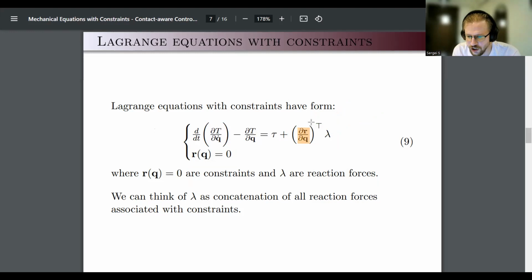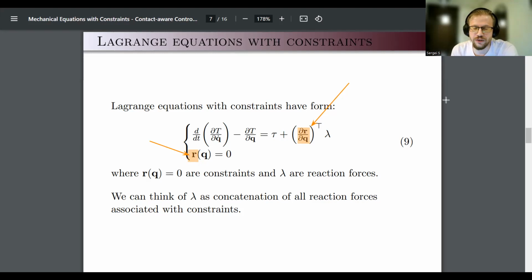There is a Jacobian of this very expression. So it is a constrained Jacobian. This is a constraint, and this is a constrained Jacobian. And that is enough to make all of this work.